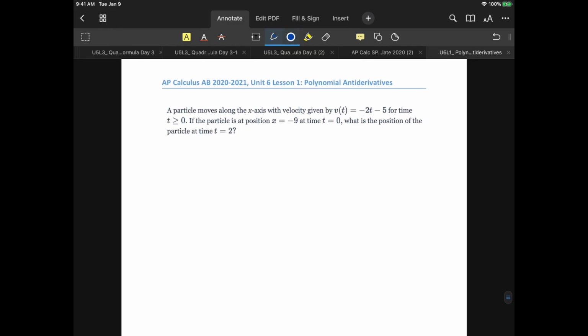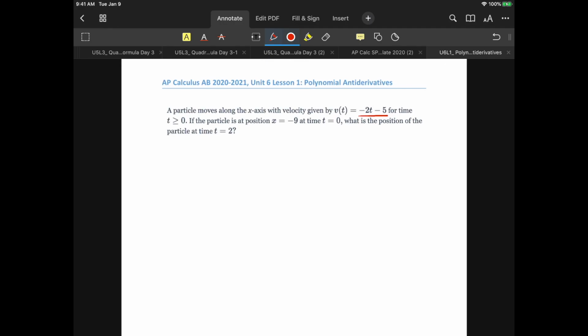A particle moves along the x-axis with a velocity. Okay, so we are given the velocity of negative 2t minus 5 for t greater than 0. If I am given the velocity function, and I am given a specific position, I can figure out where that particle moved to.